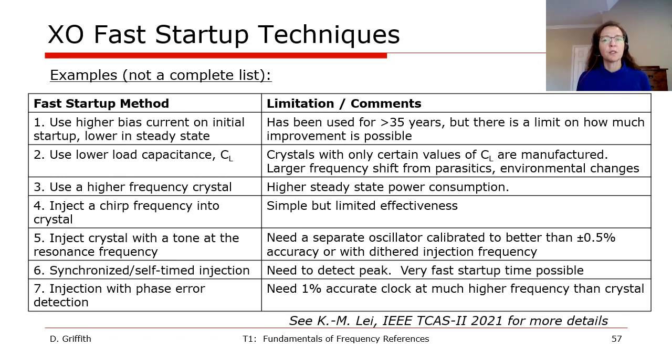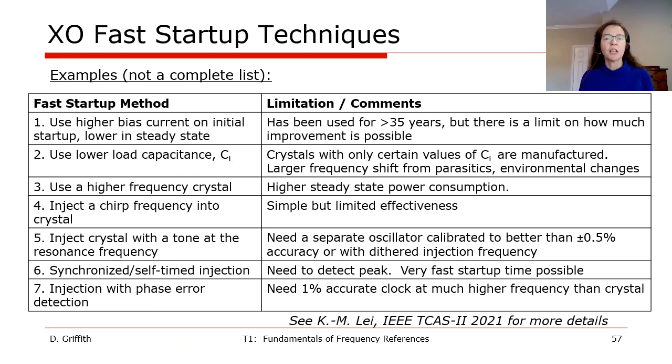Third, a higher frequency crystal can have a faster startup time, but then the steady state power consumption is also higher, so it's not a net benefit. Fourth, a chirp frequency can be injected into the crystal. This is simple, but it has limited effectiveness. Fifth, a tone within about 0.5% of the crystal frequency can be injected. This is very effective, but it requires a second precise oscillator.